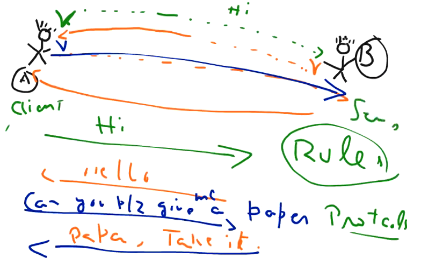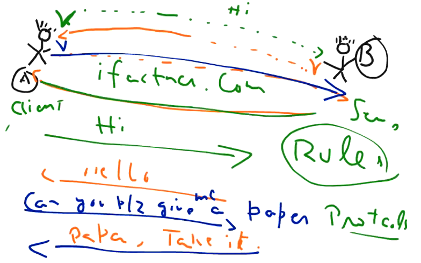So client says hi, server says hello. Client says, can you please give me a copy of this web page on KHYoungerGame? And if server is able to provide a copy, then he gives it back to the client.